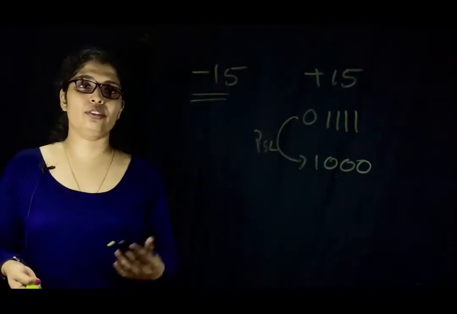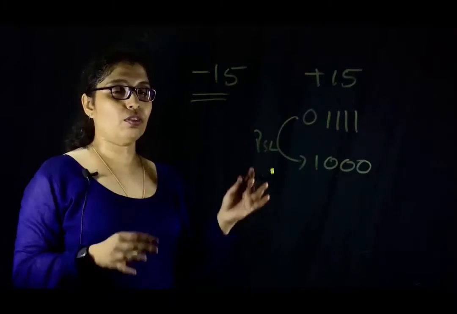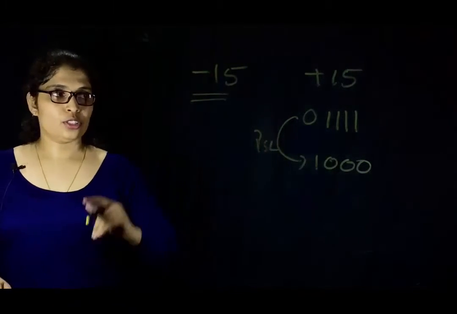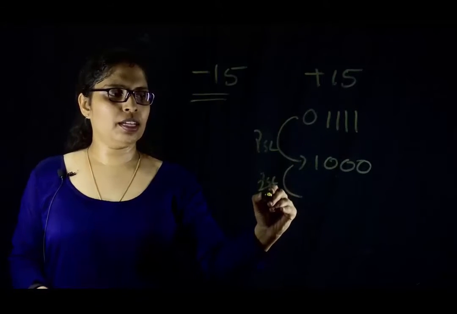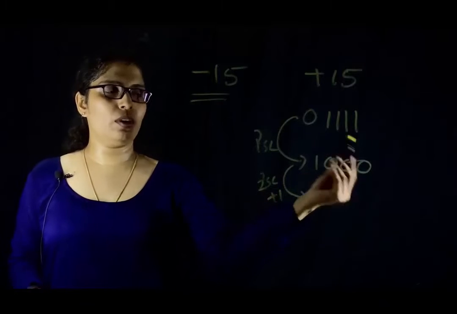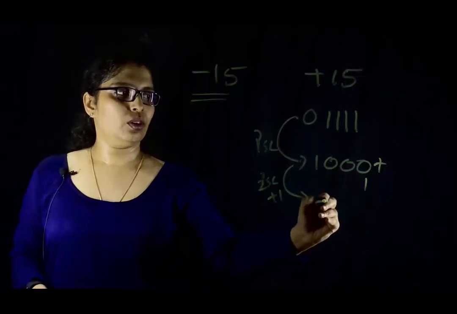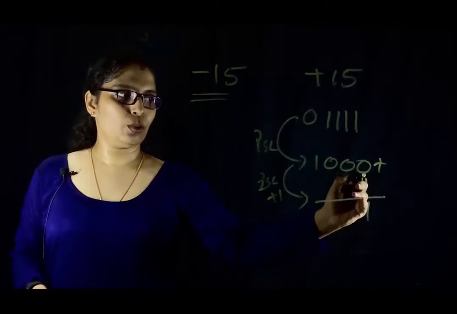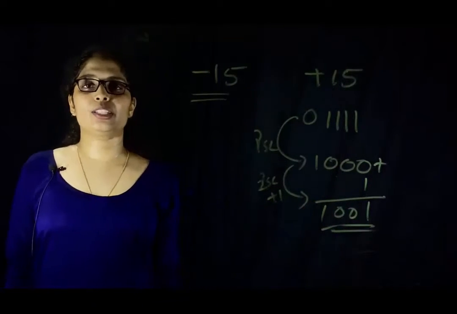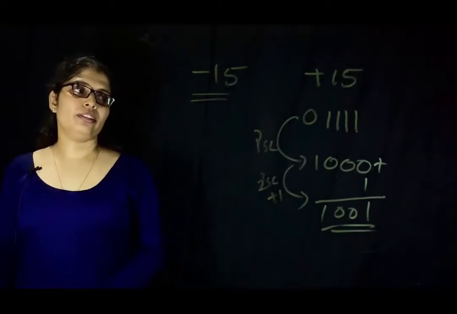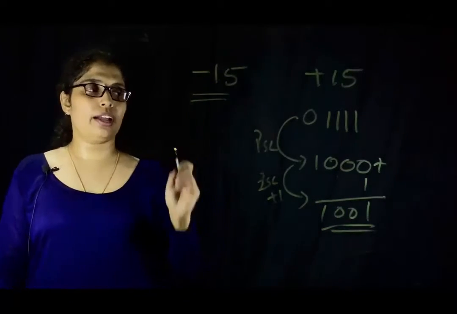That is the procedure for getting the 1's complement form of a given binary pattern. After getting this, in order to get the 2's complement form, simply add a 1 to the 1's complement form. So we get 0 plus 1 is 1. This is the 2's complement representation corresponding to minus 15.